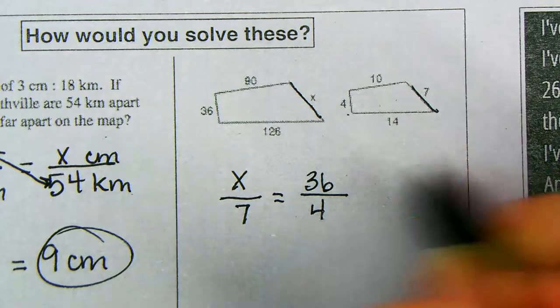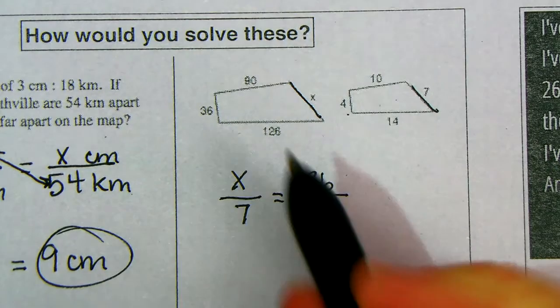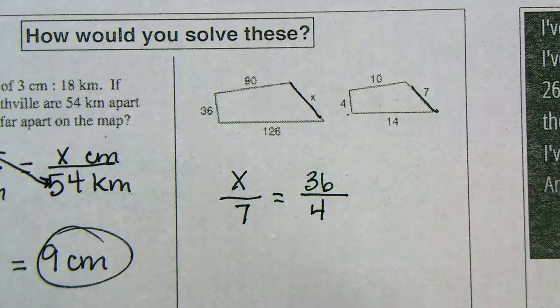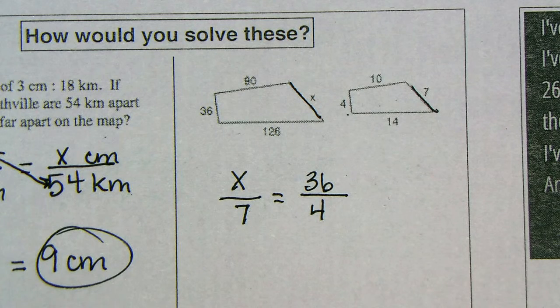Cross multiply and divide. 7 times 36 is 252. I'm going to grab myself a calculator because I don't want to screw up for you guys. 36 times 7 is 252 equals 4 times x.